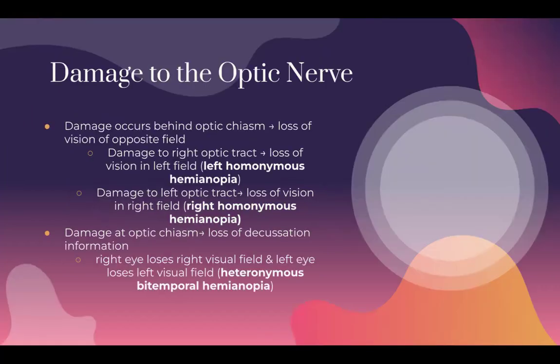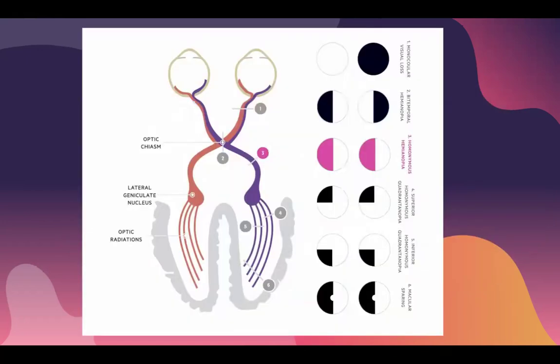So some things that could happen if there's damage to the optic nerve. There are two different kinds of damage that can occur. If it happens in the optic chiasm, there is a chance of loss of vision in the opposite field. And here I have a visual. The optic chiasm is this intersection between the right optic nerve and the left optic nerve.